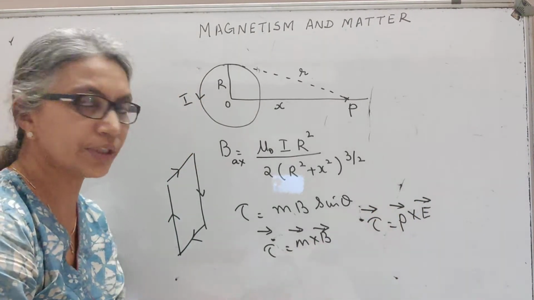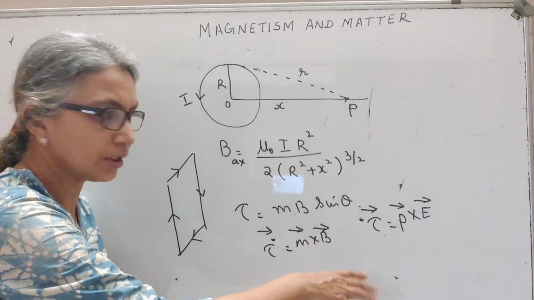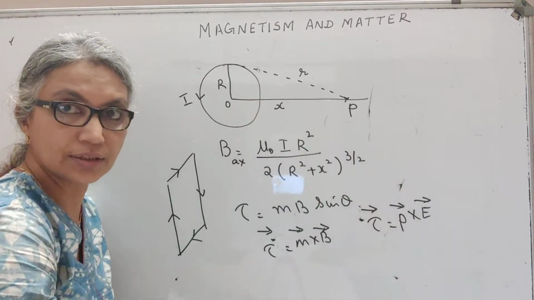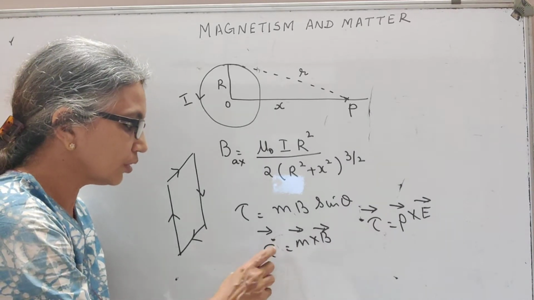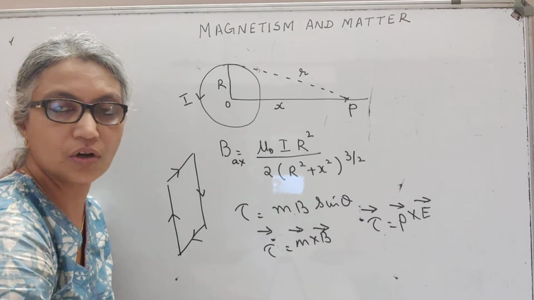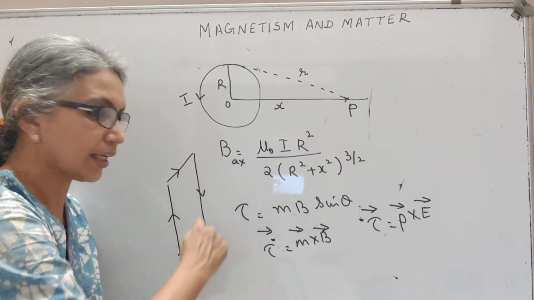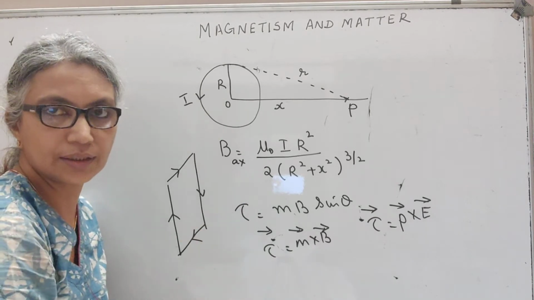And since these two equations are analogous, we then came to the conclusion that this is a torque acting on an electric dipole, and therefore here the torque given by this equation is a torque acting on a magnetic dipole, which means that this coil that is carrying current behaves like a magnetic dipole.